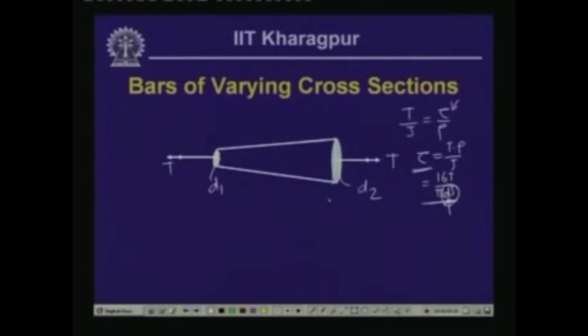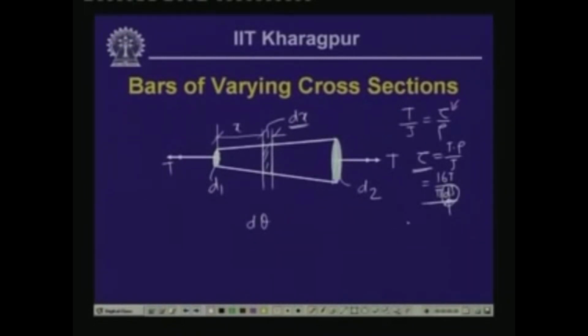Now, if we would like to compute the value of theta, the rotation, let us say we take a section at a distance of x, and let us say this small length is dx. Then the change in angle in this small strip, we call d theta.